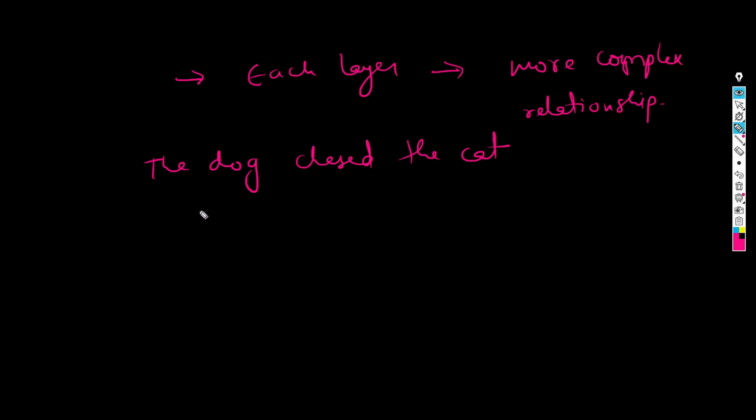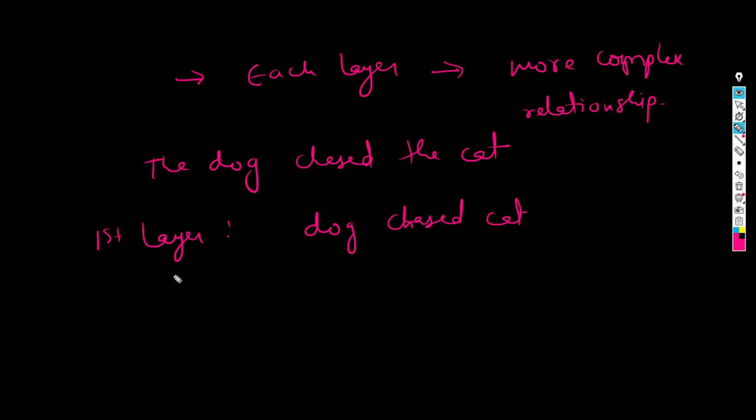The first layer is going to understand dog chased cat, because it focuses more on the dog and cat from the chase perspective.